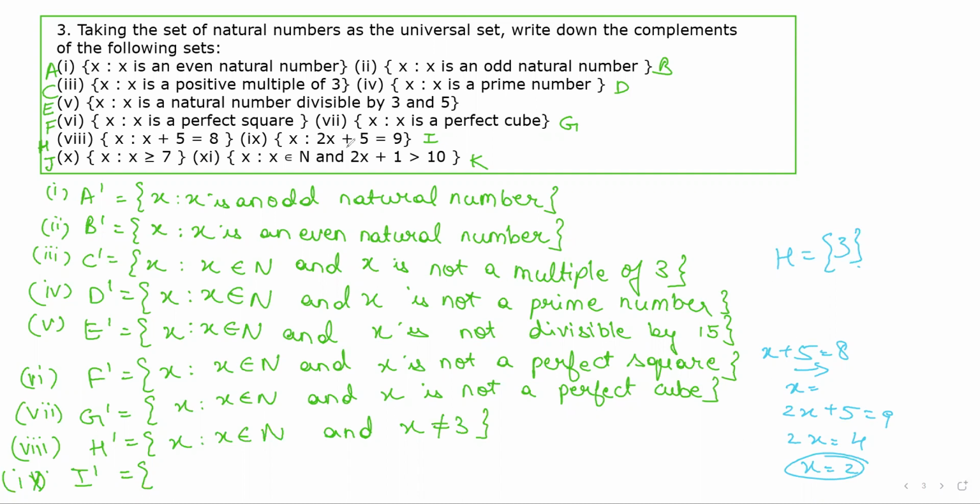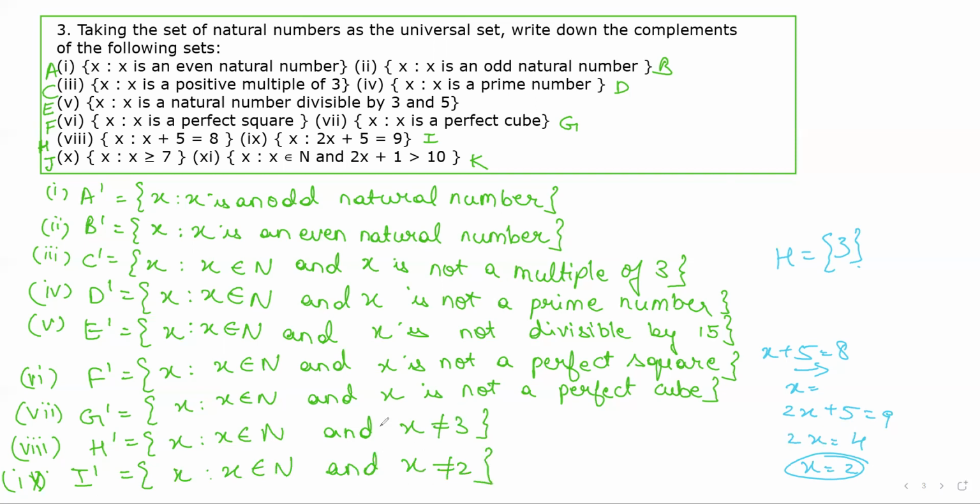Because these are linear equations, x will always be a single value. For linear polynomials, x will hold only a single value. So any value except for 2 will be present in the complement of the set. So A dash is x such that x belongs to n and x is not equals to 2.